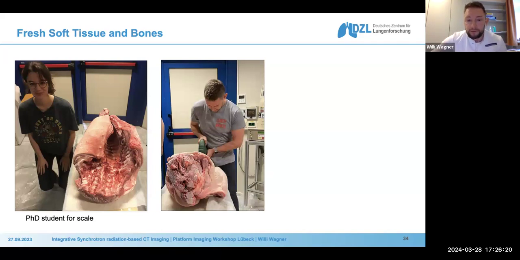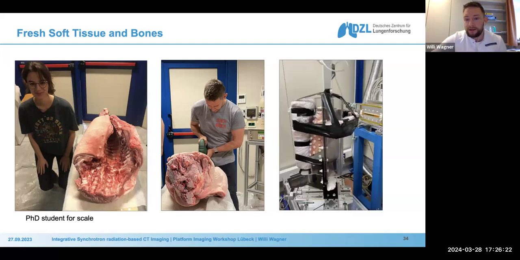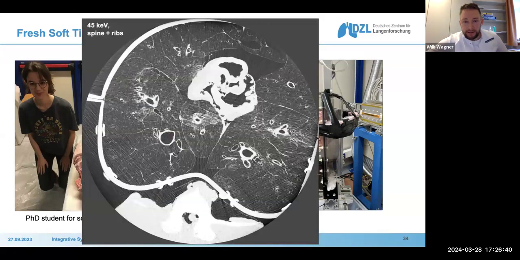And therefore, I had to cut it into little pieces. The Italians called it the monster. But it worked fine. We had the spine in the back. We had the ribs around the chest, and image quality did decrease.